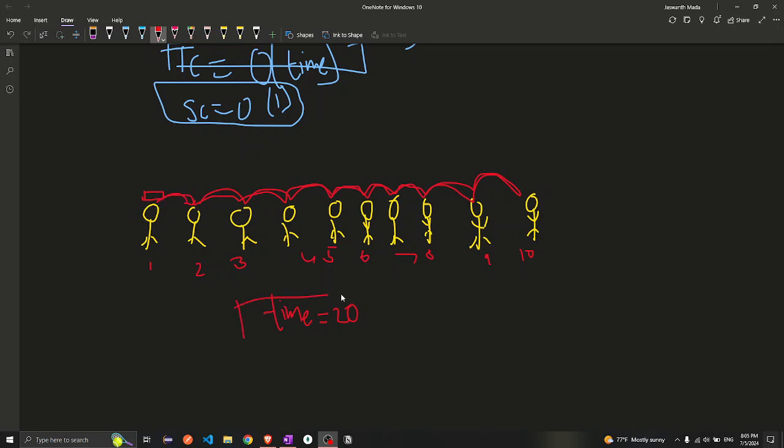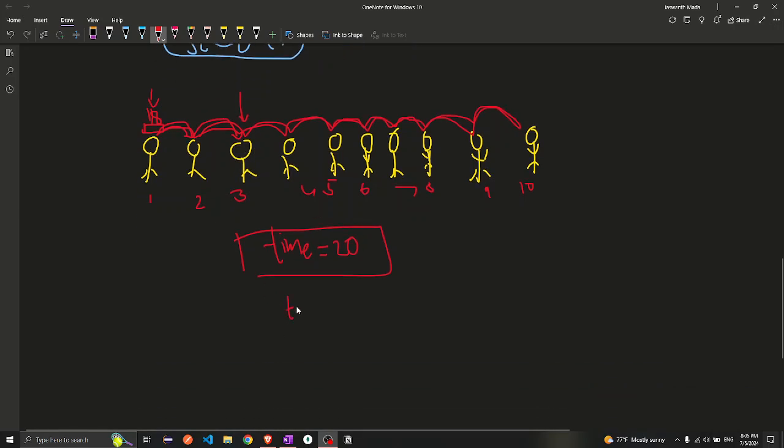Let's say our time is 20. When the time is 20, at 18 seconds we are here. We went till the end, and we again came back to the beginning, right? So at this point we finished 18 steps, and this will be 19, this will be 20. So at the end the pillow is with this guy, right?